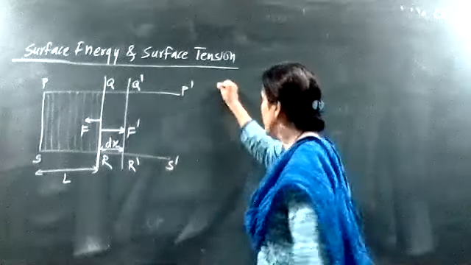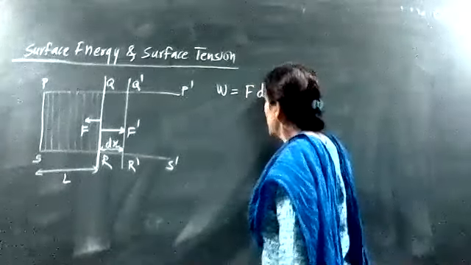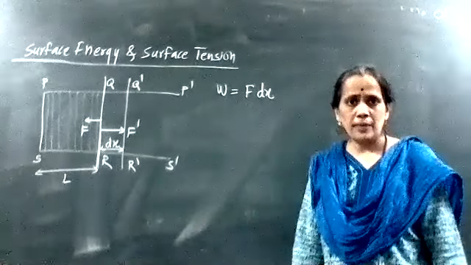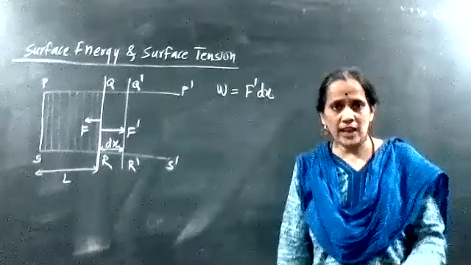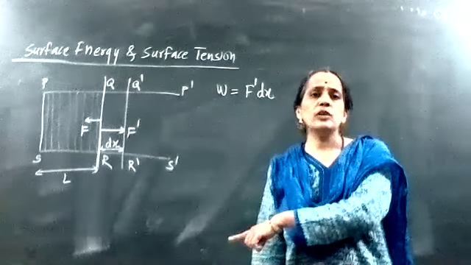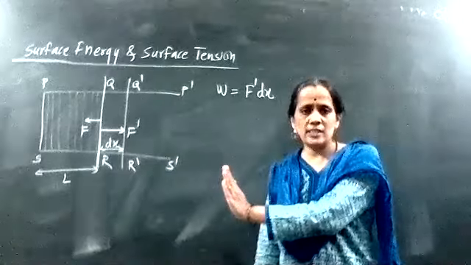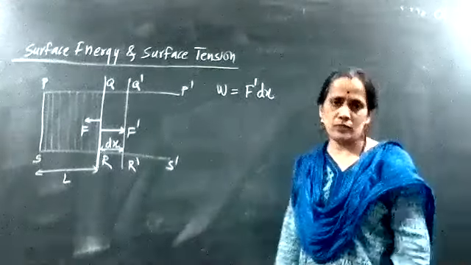Right? So that work done is nothing but F into dx, that is force into displacement. F' is the force which is applied on the QR wire to get displaced through distance dx against the cohesive force acting on the surface plane.